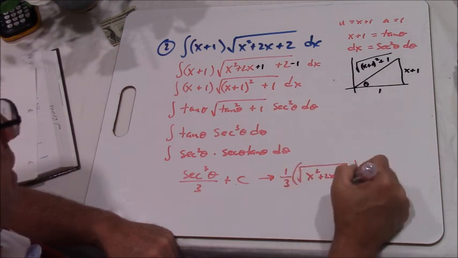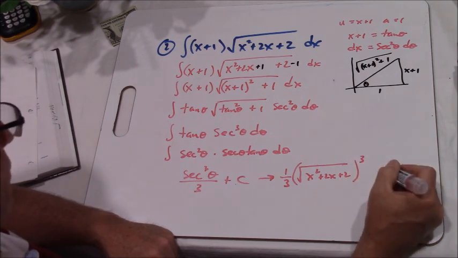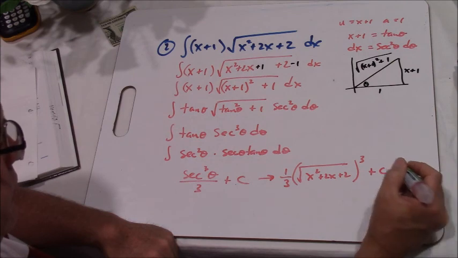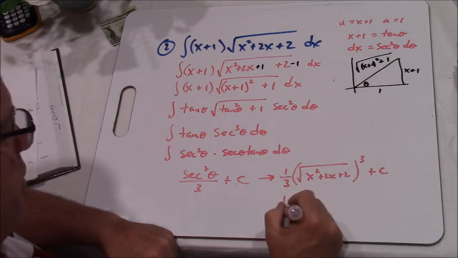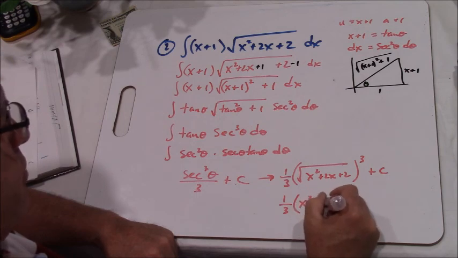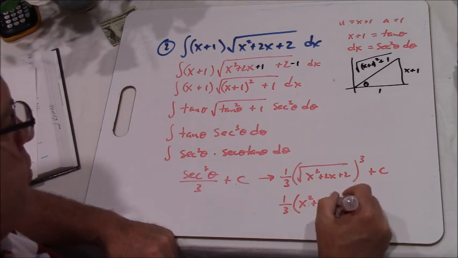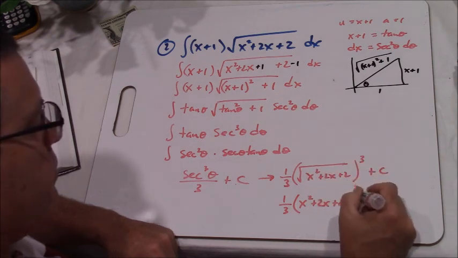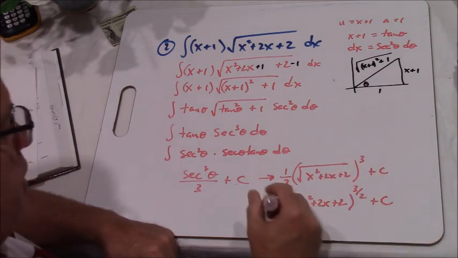And I've got to raise that to the third power. And then plus c. So I think my final answer I would write this way. I've got x squared plus 2x plus 2 raised to the 3/2 plus c.